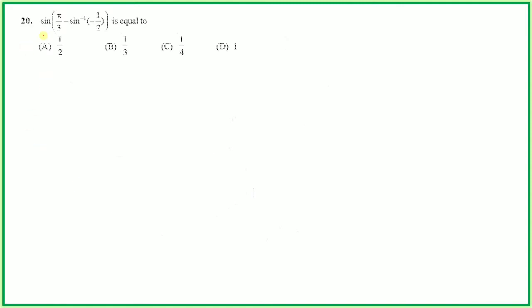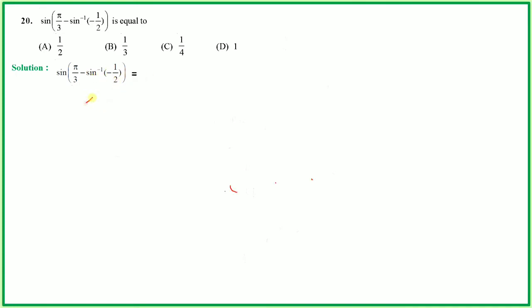Next MCQ is the 20th: sin of pi by 3 minus sin inverse of minus 1 by 2 is equal to, we have to check out of these four. So let us go for the solution. Sin of pi by 3 minus sin inverse of minus 1 by 2.